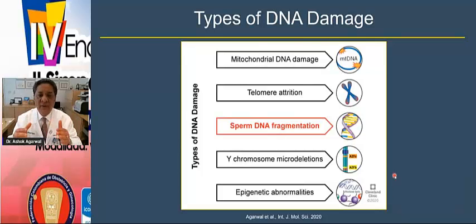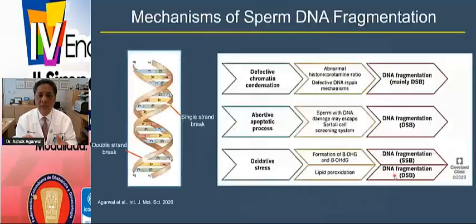So the most common defect is sperm DNA fragmentation, and there are techniques and methods that have been developed for routine diagnostic use. And this also represents the major type of damage to the DNA. All other types of damage, except for Y chromosome microdeletion, are fairly small, and there is less information on their routine testing. So we are going to focus our attention in this talk on sperm DNA fragmentation.